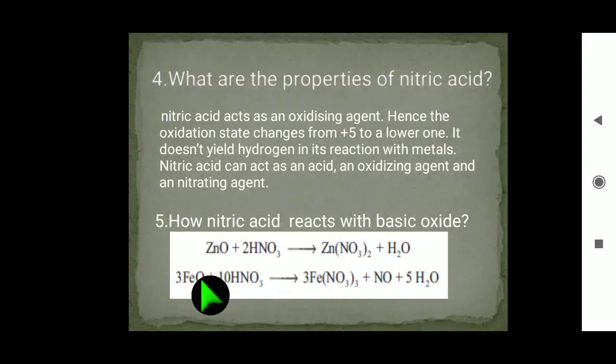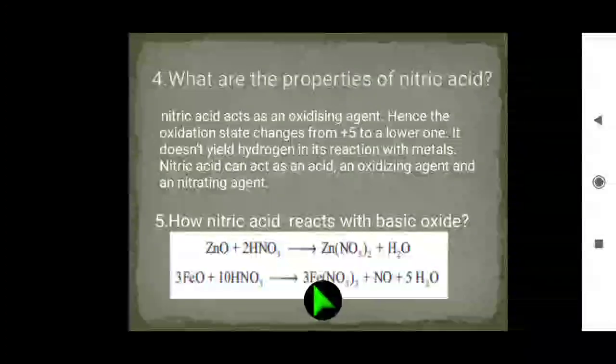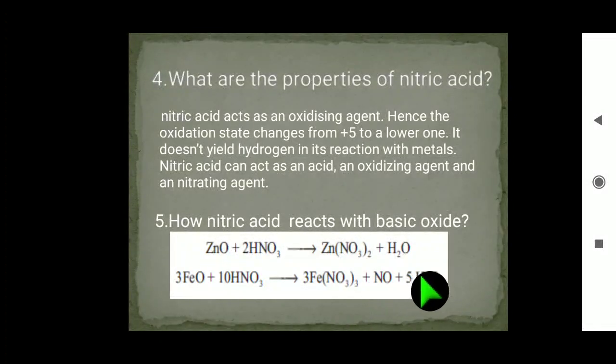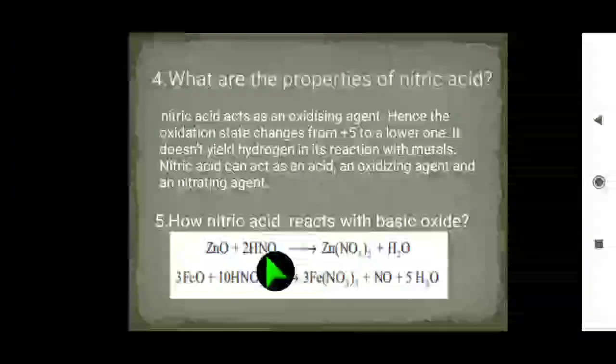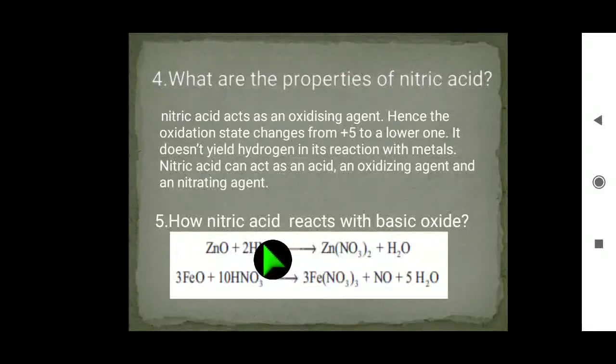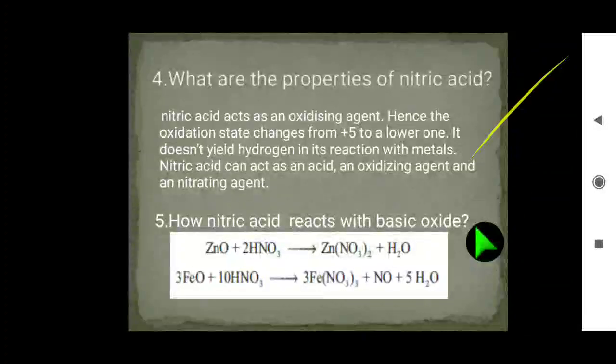Likewise, iron oxide reacts with nitric acid in the 3:10 ratio, giving 3 moles of iron nitrate and nitric oxide with 5 moles of water. Zinc oxide, nitric acid 1:2 ratio. Iron oxide, nitric acid 3:10 ratio. We have to take these.